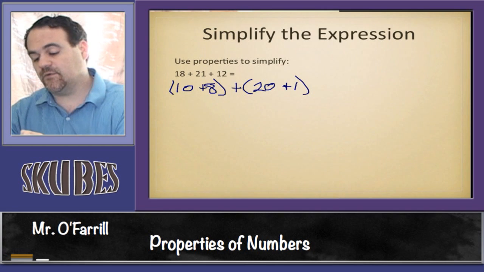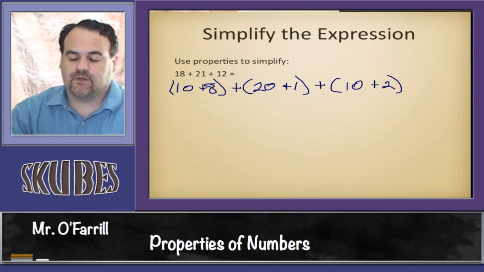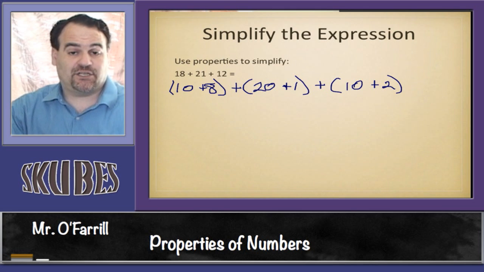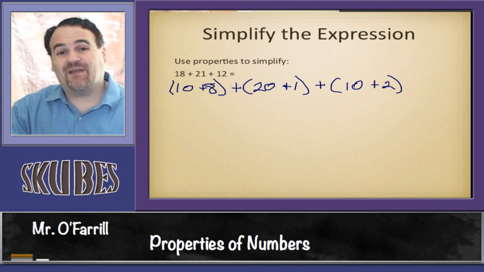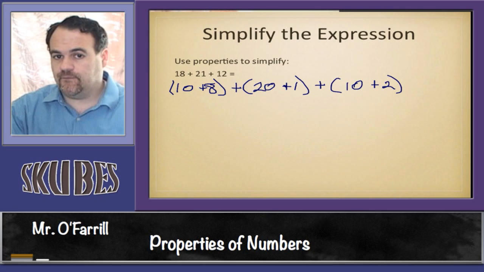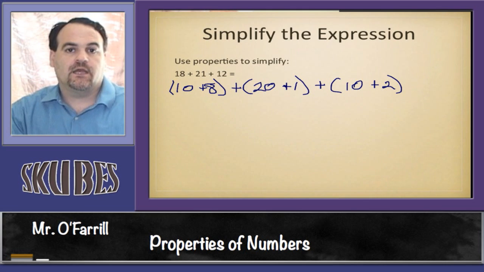And I can split the number 12 into 10 plus 2. Now this is all addition. There's no negative numbers. And because of that, we can apply both the associative property and the commutative property, which means all 6 of these numbers can move anywhere in this expression, and we can regroup all 6 of these numbers with new parentheses.